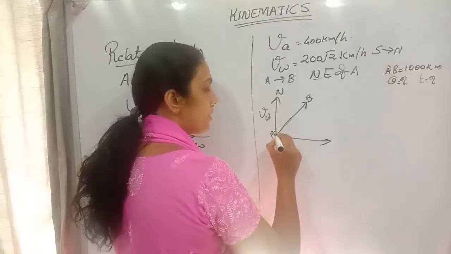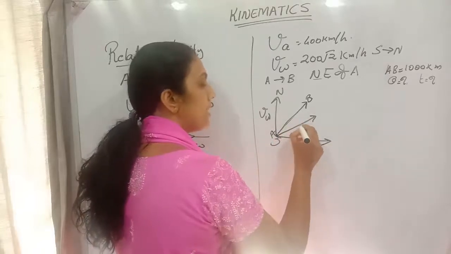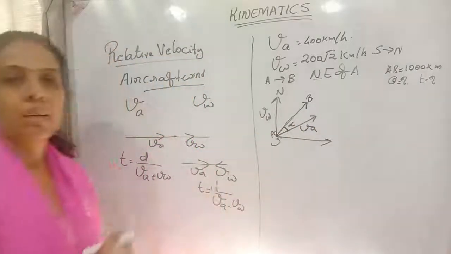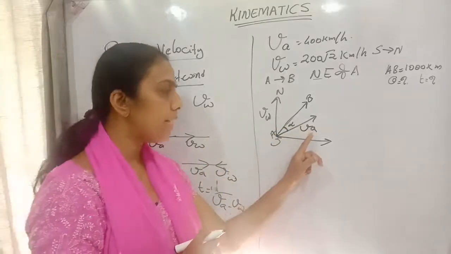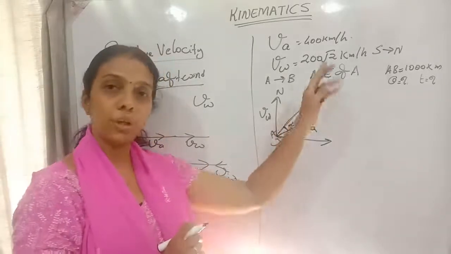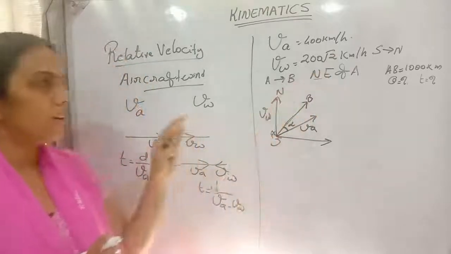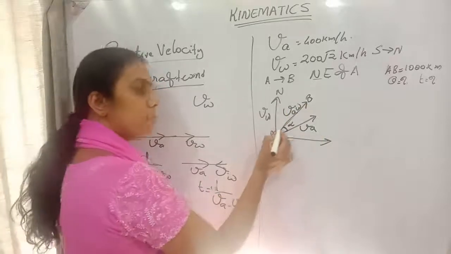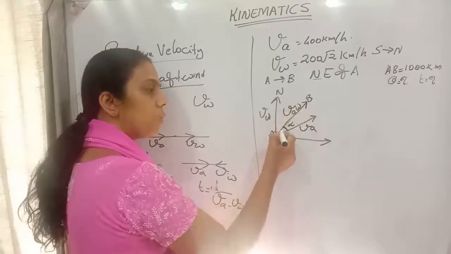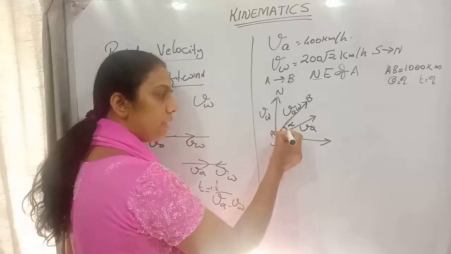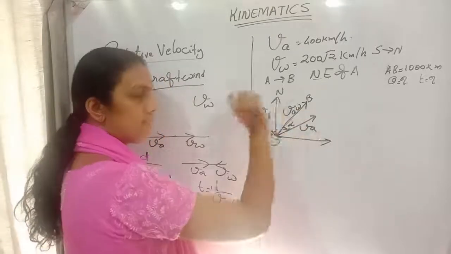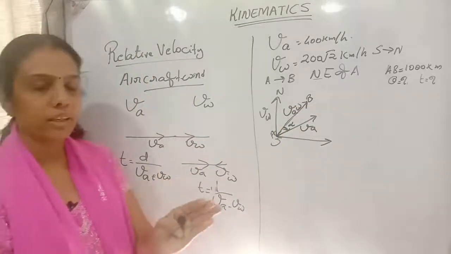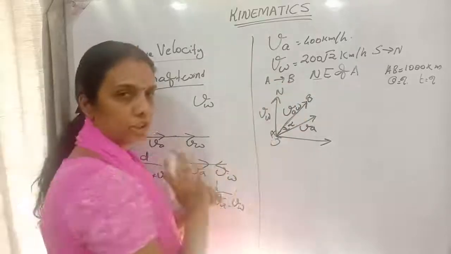This is the direction of the aircraft, making an angle alpha. This is the velocity of the aircraft with respect to wind. If the aircraft needs to move in the AB direction, he should turn his steering alpha from this AB. Then only, with the help of wind, can the aircraft move in this direction AB.